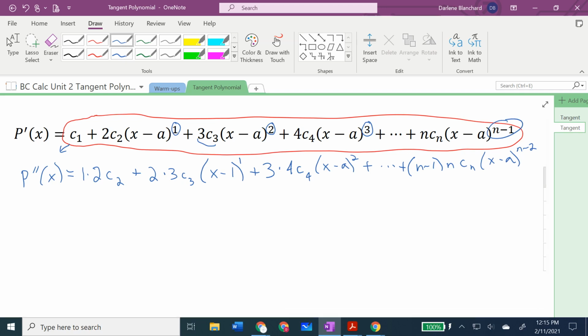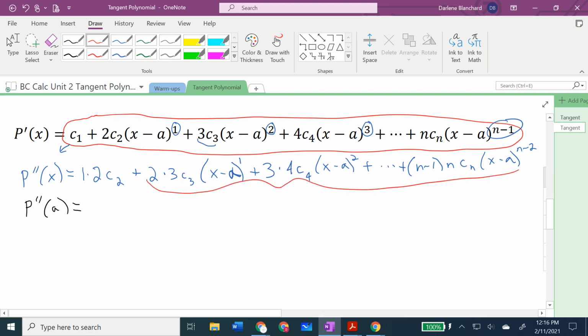Now I'm going to plug in A. Oh, sorry, I just realized, silly me. I was thinking about the 1 too early. So if I plug A into every x, because this was set up to recenter at A, all of that's just 0. And I get 2 times c sub 2.